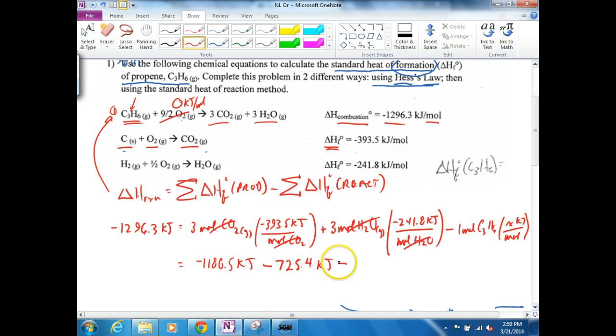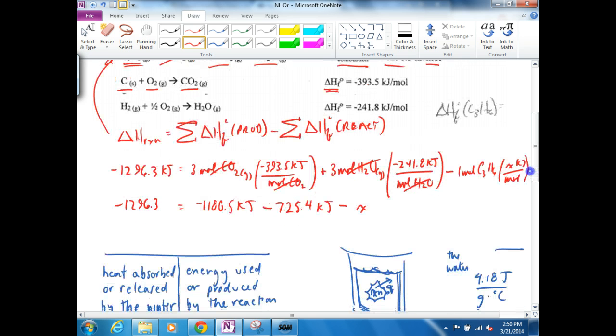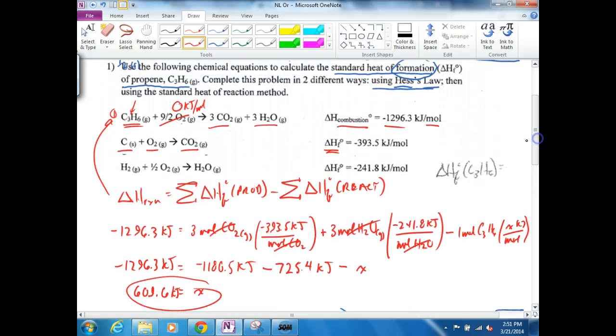And then I've got minus X. Okay, so that cleans it up nicely for us, and we can solve now for our unknown. It's just going to be negative 1296.3 plus 1180.5 plus 725.4. And what do you know? I get 609.6 kilojoules, which is the same thing that I got using Hess's law. All right, no surprises there, but a lot of stuff packed into here.